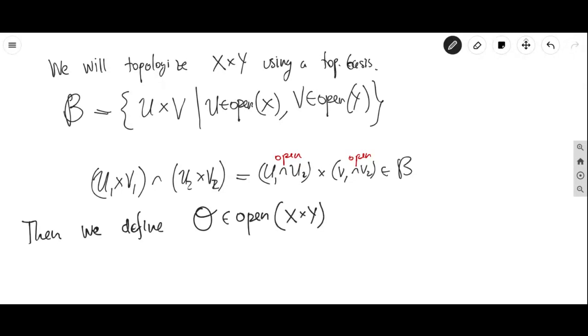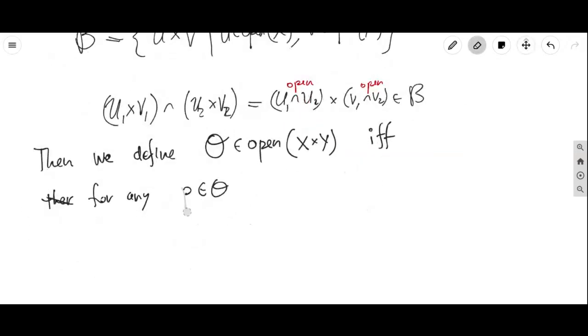So now we're putting a topology on the Cartesian product, if and only if, for any point P in O. And by the way, I'm writing P, but a point itself will look like (x, y), where x is in X and y is in Y, because this is a subset of the Cartesian product. If you pick a point in that set, it has two coordinates, where the first one is in the first set and the second one is in the other set. So I'm just writing P over here, but the P itself decomposes in such a way.